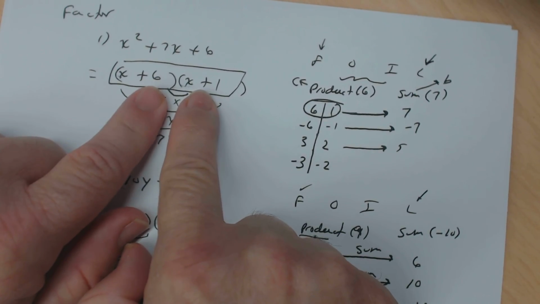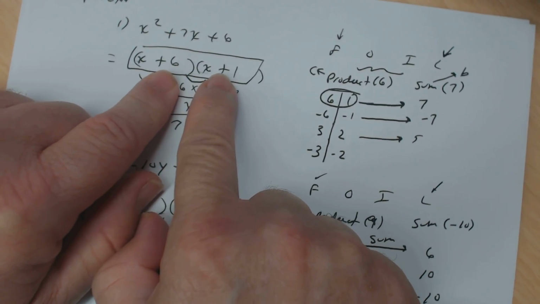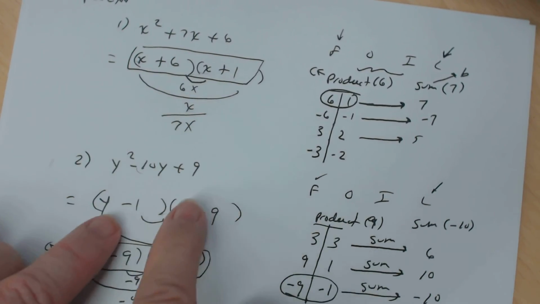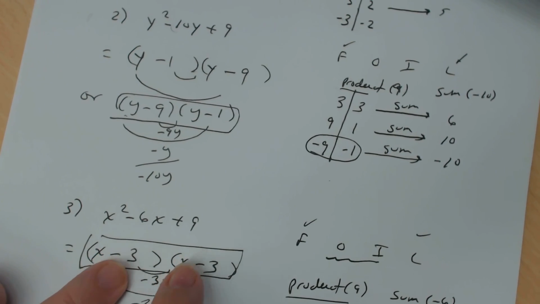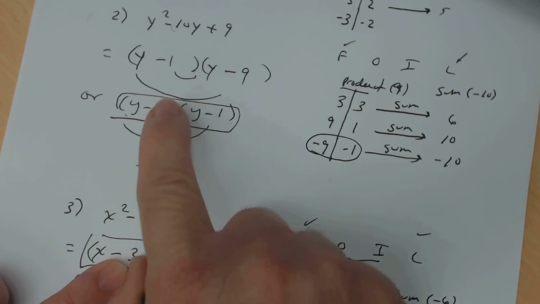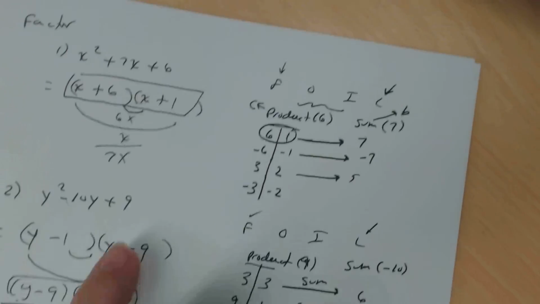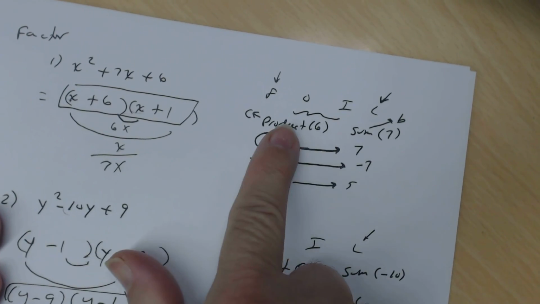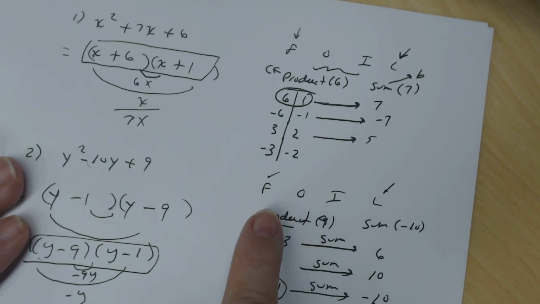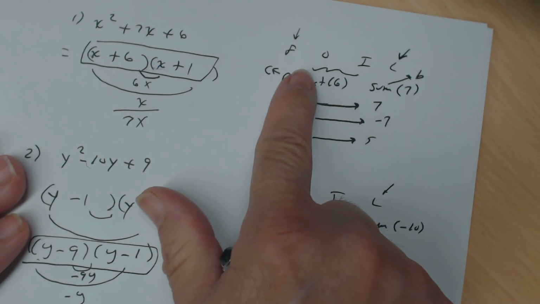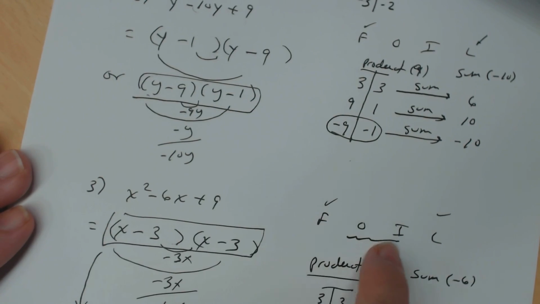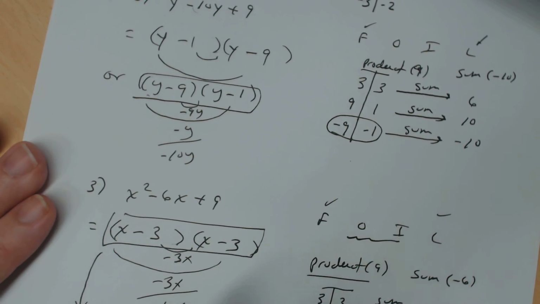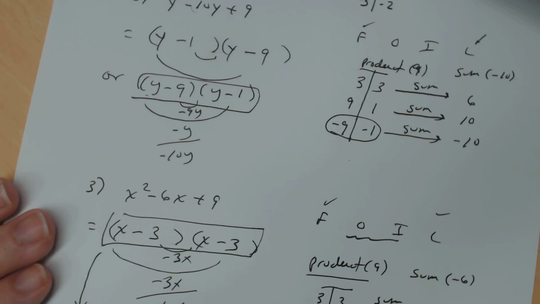The signs in the parentheses of your binomials will be the same. Either they're both positive or they're both negative, and the sign you use takes the middle sign. Also notice that we used the idea of product and sum in all these cases, and we always checked ourselves using FOIL.